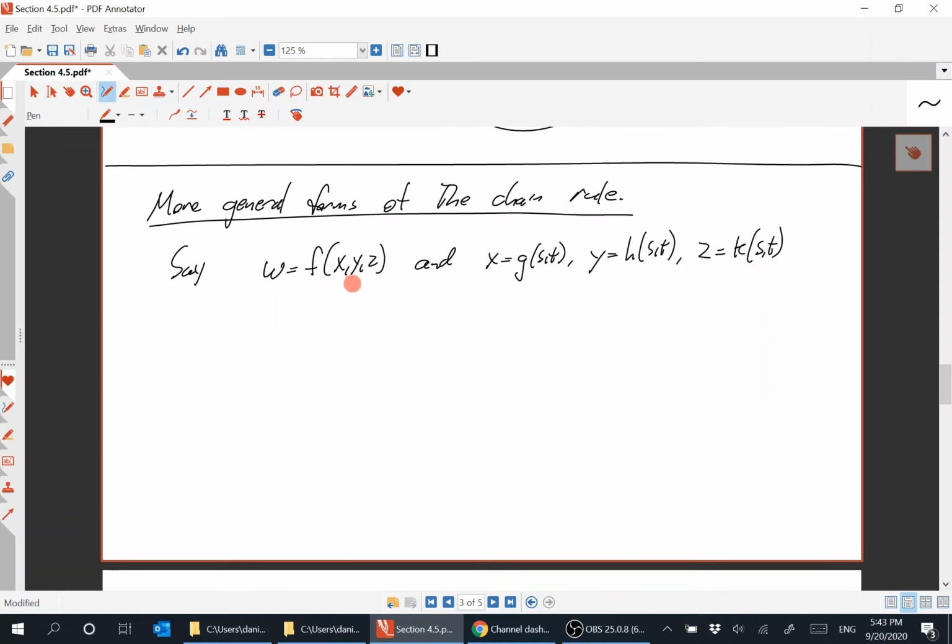So w is a function of x, y, and z immediately. That's the first layer of variables. And then x, y, and z are all functions of s and t. So you've got this tree-like structure here.